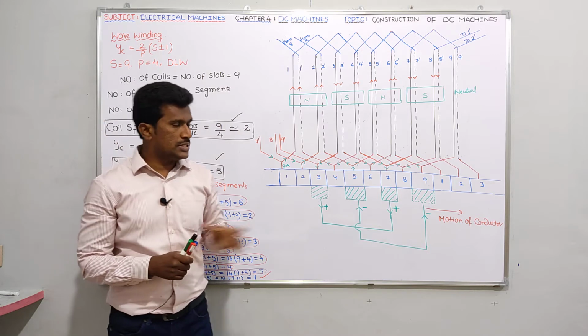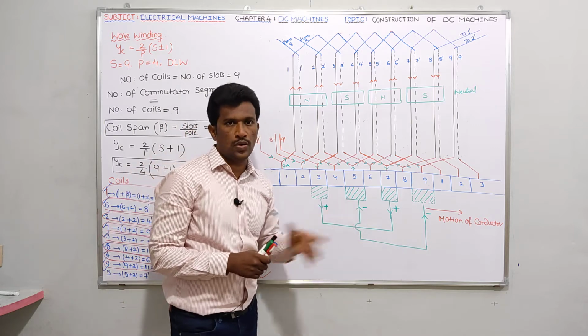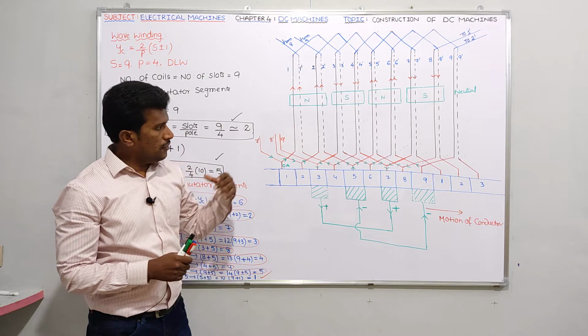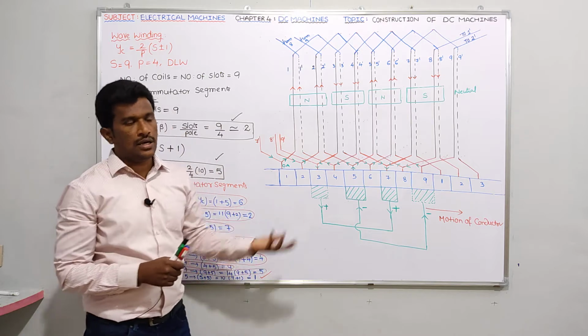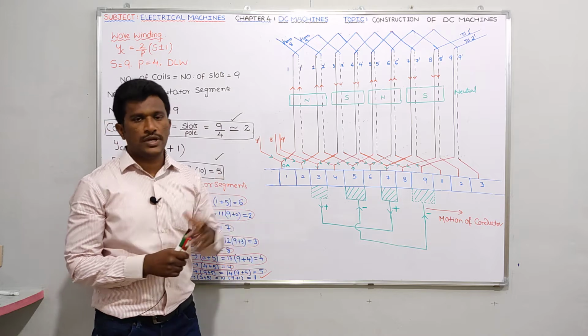So generally the number of parallel paths equals 2 only, but for a large DC machine you can take the number of brushes equal to the number of poles.